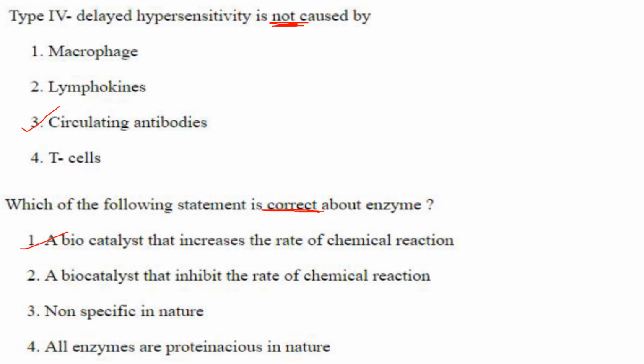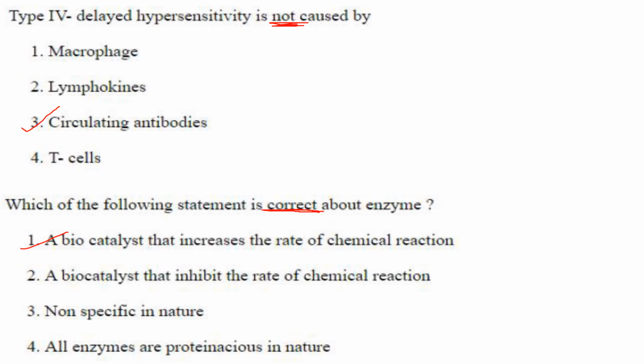Then, type 4 delayed hypersensitivity is not caused by which? Type 4 hypersensitivity, also known as delayed type hypersensitivity, is a cell-mediated immune response that occurs about 24 to 72 hours after exposure to the antigen, and it is characterized by activation of T cells, macrophages and release of lymphokines.